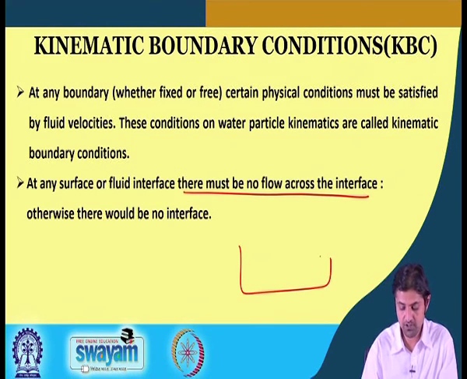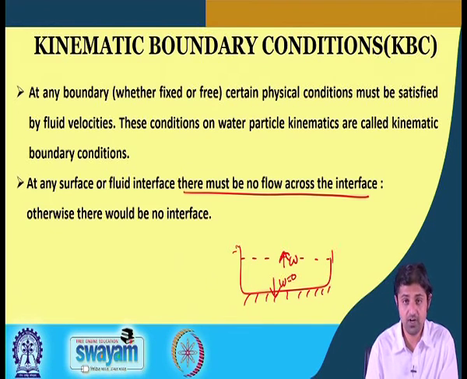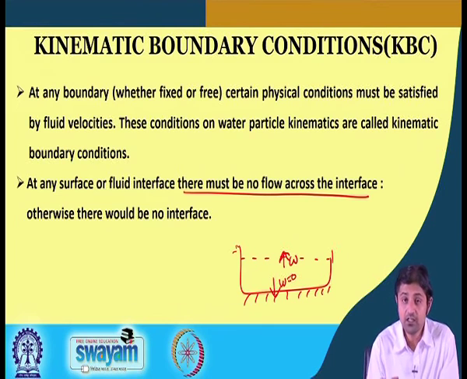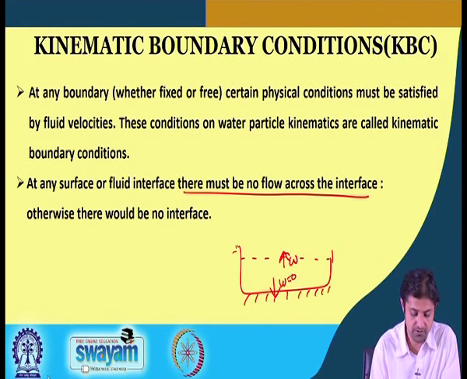For example, if there is ground here, the kinematic boundary condition will be that the velocity w is going to be 0 in the downward direction. Or if there is a water surface, here also the water will not have any velocity across it, otherwise if it has a velocity then it will still be water there, and there is not going to be any interface.